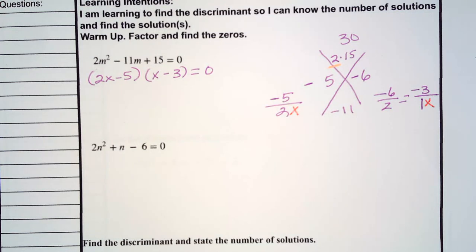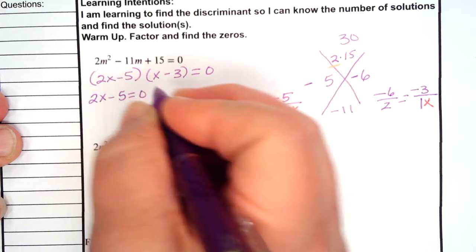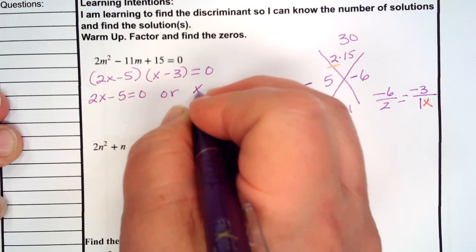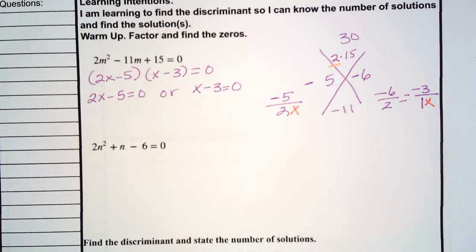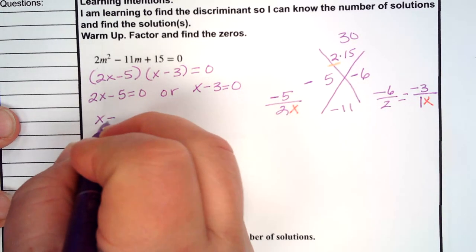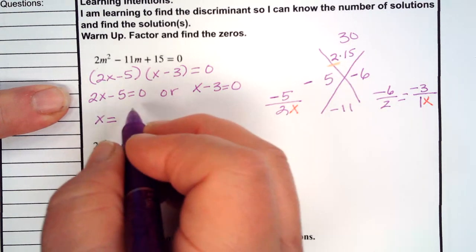Okay, on this one we're going to set them both up equal to 0. On the next one we'll take a shortcut. 2x minus 5 is equal to 0, or x minus 3 is equal to 0. x is equal to, I add 5, then divide by 2.